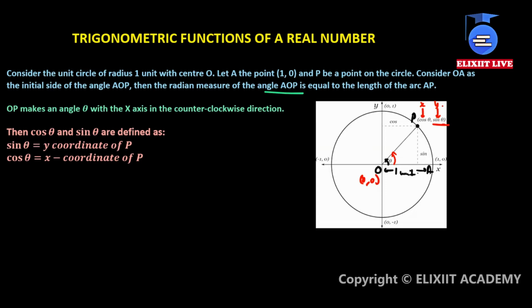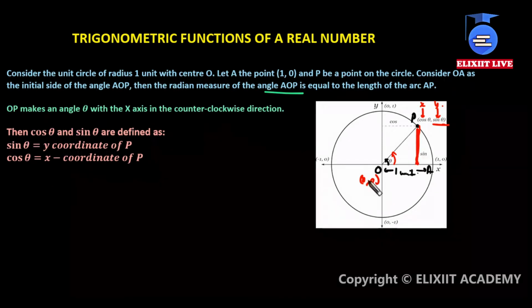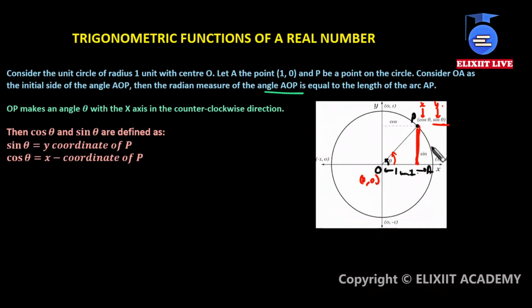Why? Simple logic. Suppose you drop a perpendicular from here onto the x-axis. By your simple 10th standard logic, suppose this distance is x, then obviously this is y.